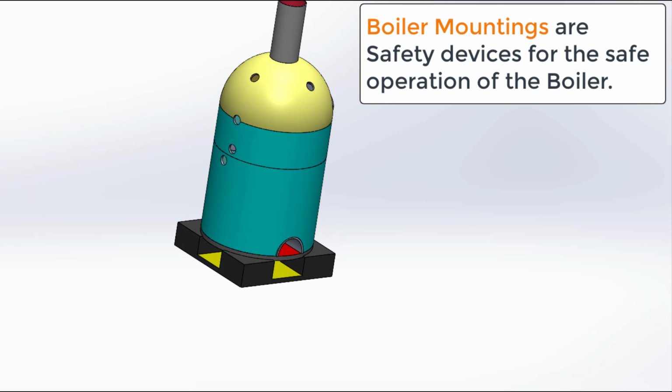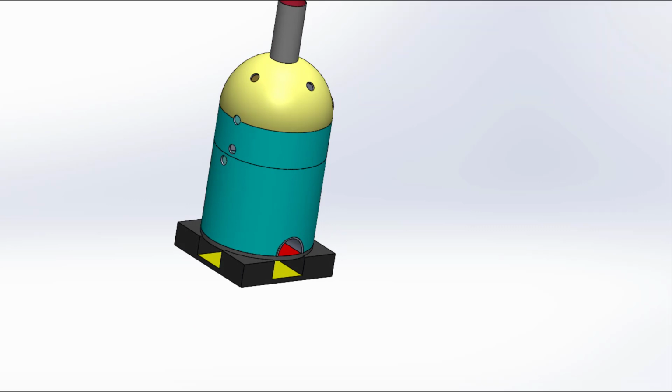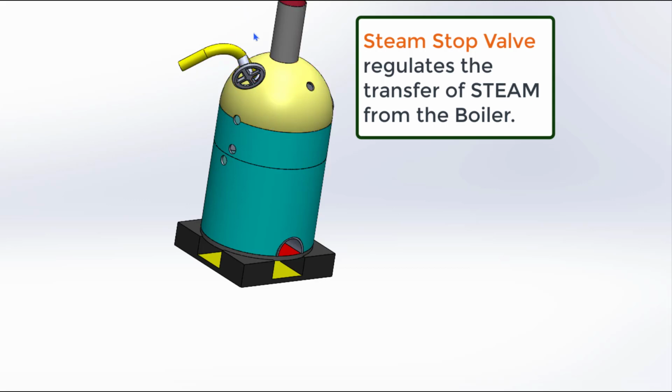For example, the first thing we will discuss is the steam stop valve. The flow of steam from the steam drum is regulated with the help of this valve. That means the steam flow can be reduced or increased, or stopped completely as per requirement.